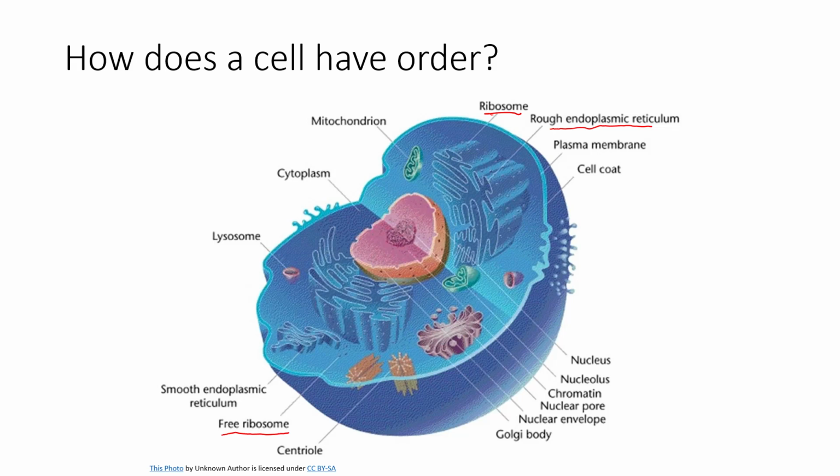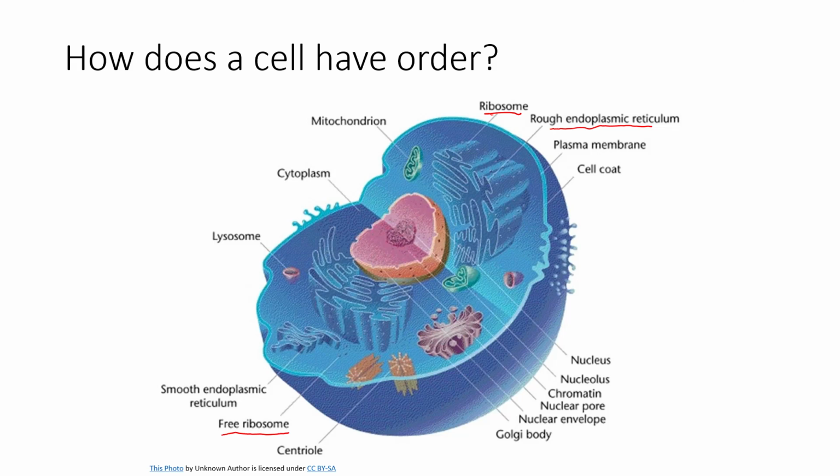So those are going to be enzymes and such that are going to perform functions inside of the cell. While the ribosome that is attached to the rough endoplasmic reticulum is going to help produce proteins that are going to be shipped to the cell surface, so this outer surface of the cell, or shipped outside of the cell.